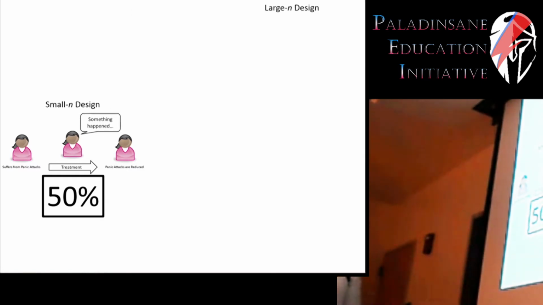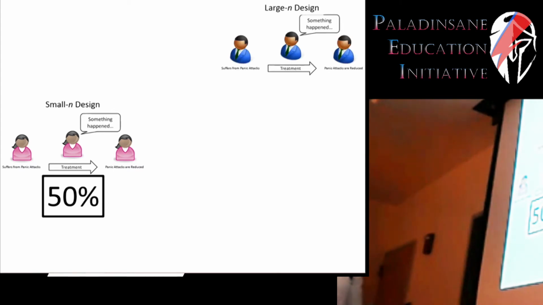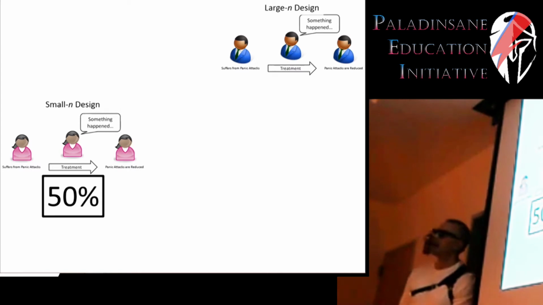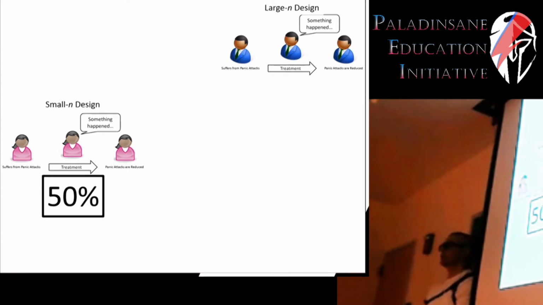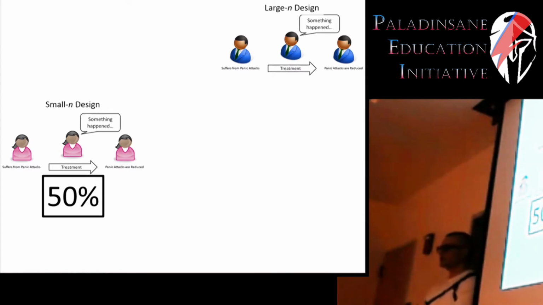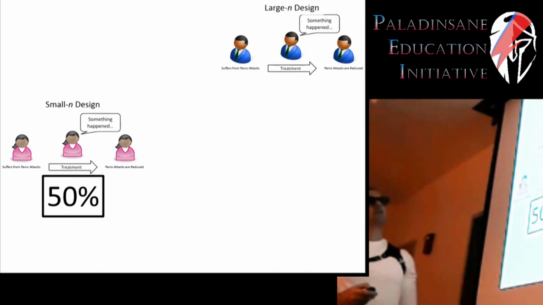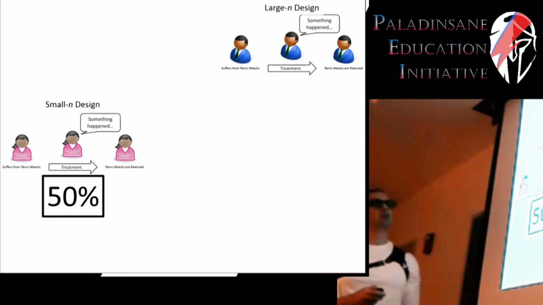Well, if you're taking a look at a large number of subjects, you have subject number one over here. In subject number one, let's say that their panic attacks reduced. Let's say that you are treating a whole bunch of subjects in a sample and you're using the same treatment: count backwards from 20, breathe in through your nose, out through your mouth. And your first subject, you have the same issue, right?